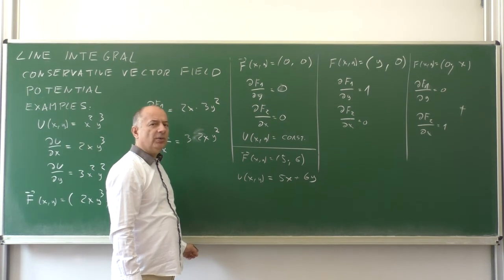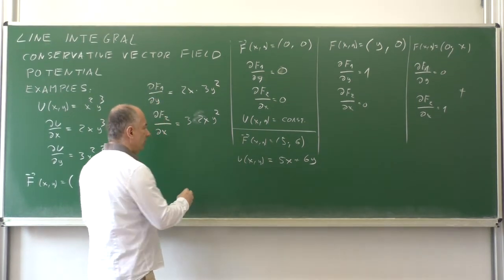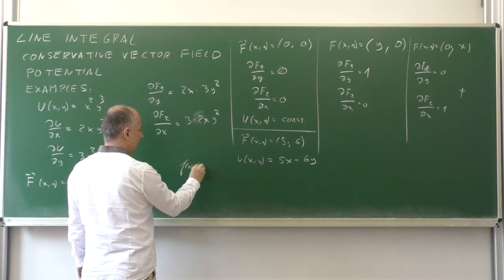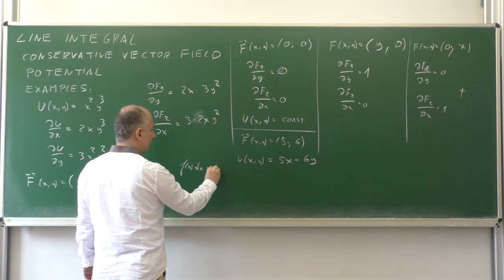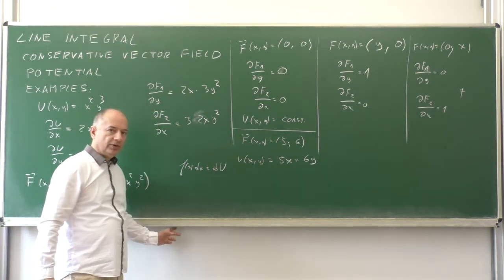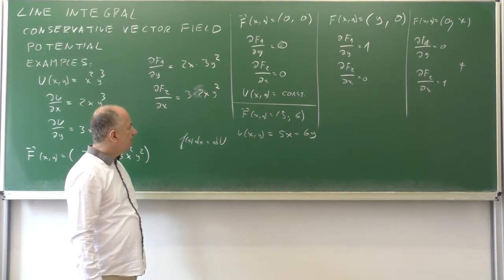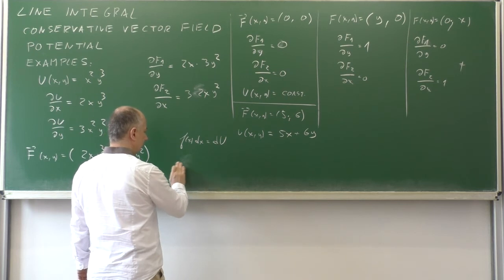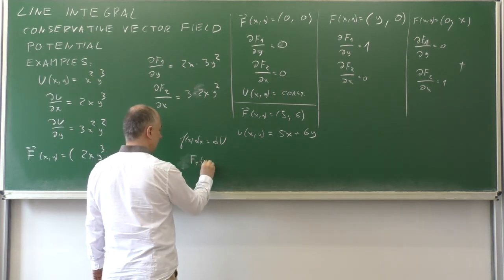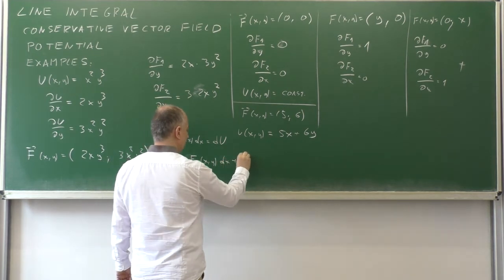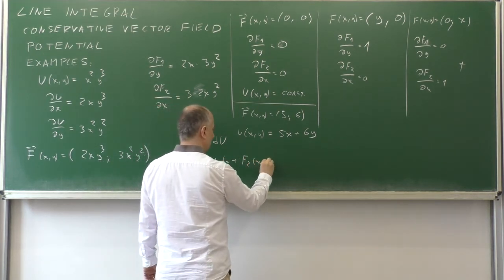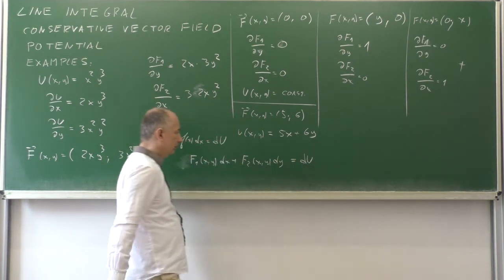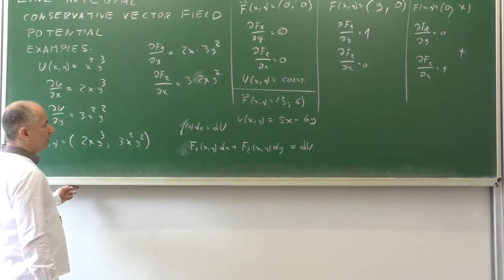This is a surprising situation, isn't it? If we go back to the one-dimensional case, if you have some function f and you add the differential dx, then this is always the differential of some function u. But if you have two expressions, f1 dx plus f2 dy, and you want this to be equal to du, sometimes it is the case.